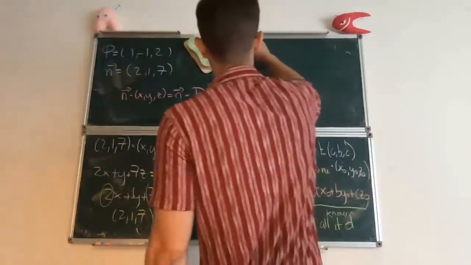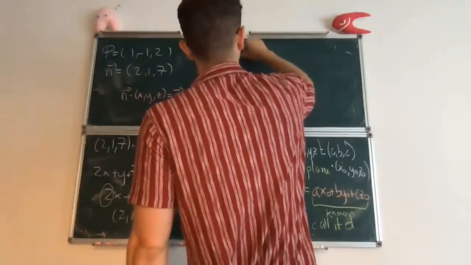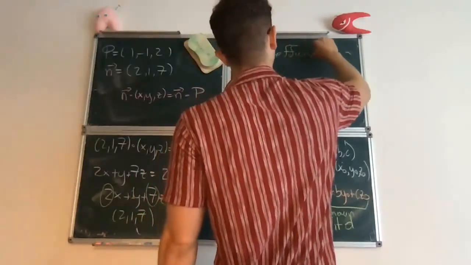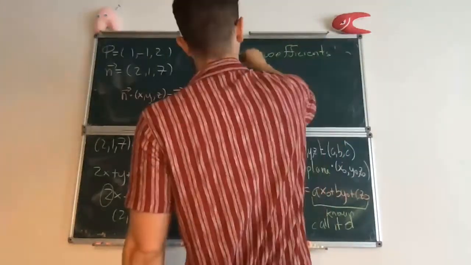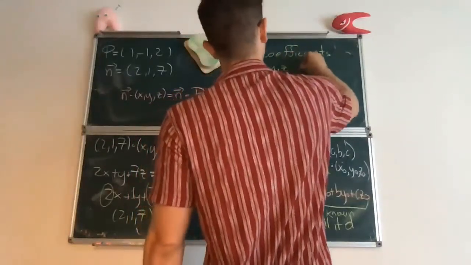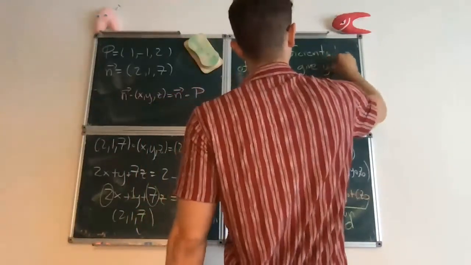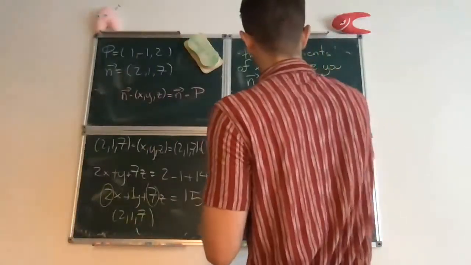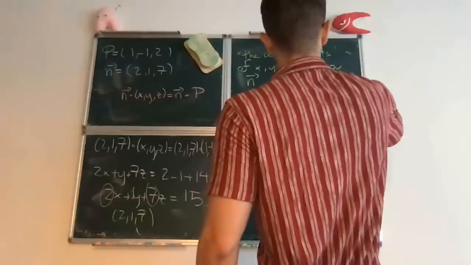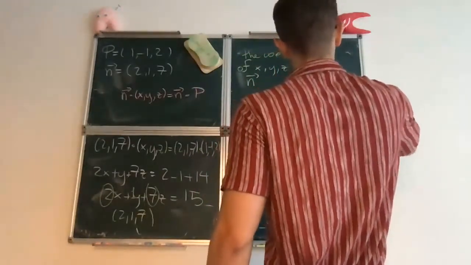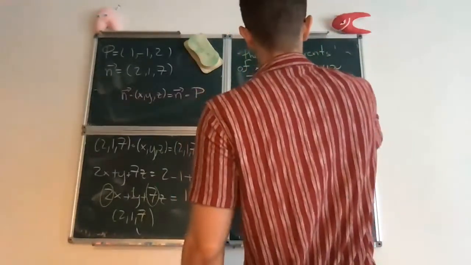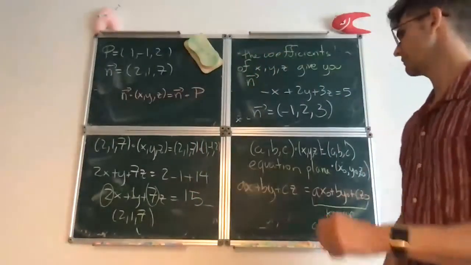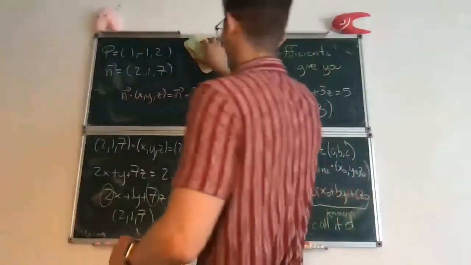From the left-hand side of the equation, the coefficients give you n. So meaning that if you had another equation like minus x plus 2y plus 3z equals 5, that means that n has to be negative 1, 2, 3. Okay? So that's one useful thing to know.